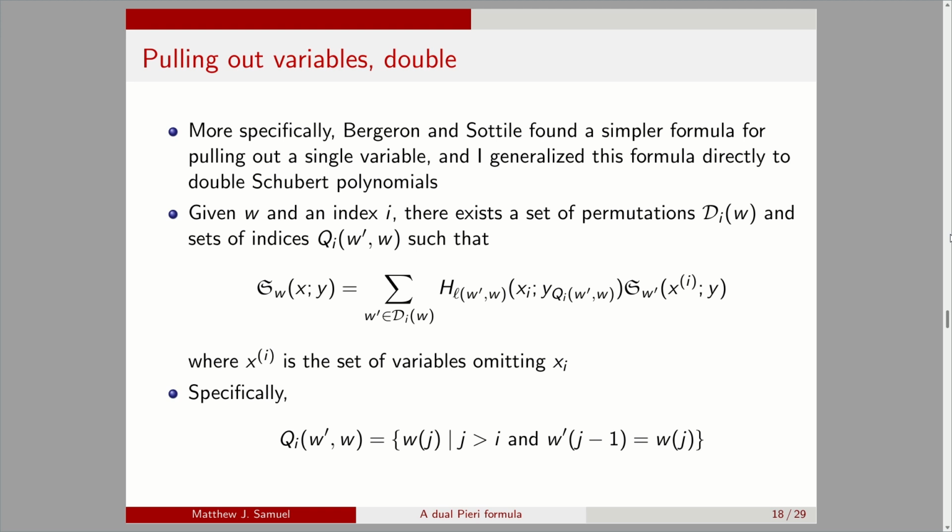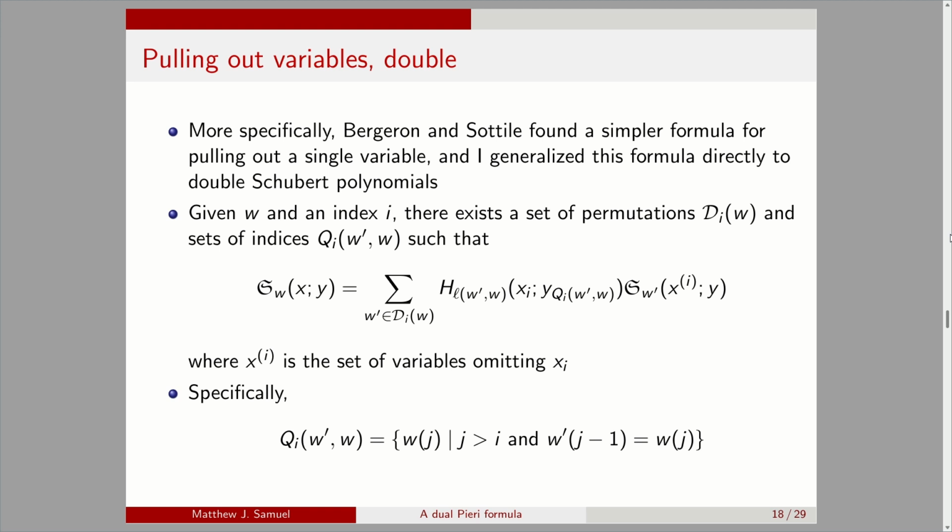Given w and an index i, there's a set of permutations D_i(w), which is the one Bergeron and Sottile defined, and a set of indices Q_{w',w} such that we can write the double Schubert polynomial S_w(x,y) as a sum over all w' in D_i(w) of this h polynomial, whose degree is the difference in length between w' and w, which makes sense because the polynomial has to remain homogeneous, of x_i and y with indices in this Q set, times S_{w'} of x omitting i and y. So we're pulling out the variable x_i here.